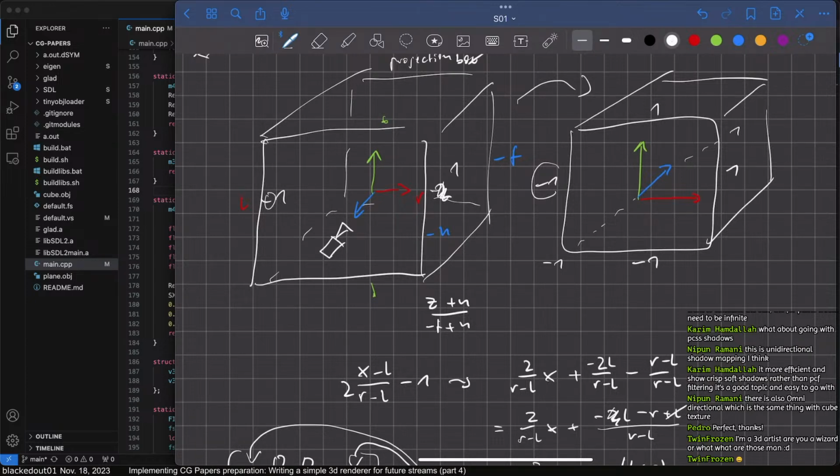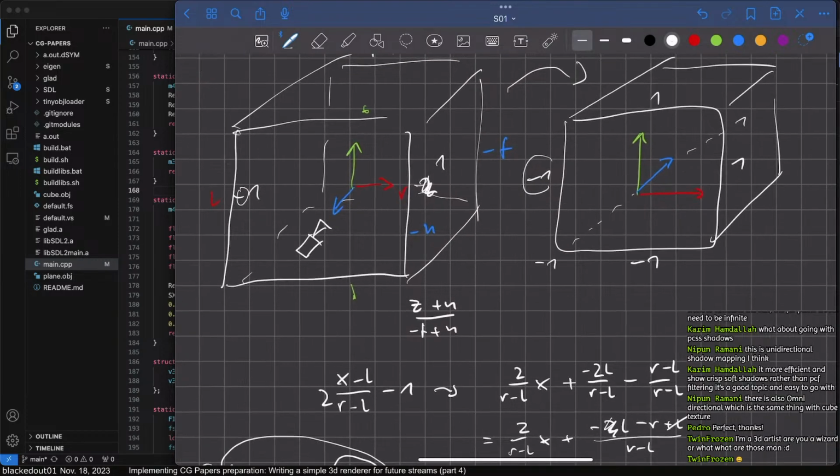Wait, let's see. I need to think about this for a second. See, this is why I told you that the Z is a bit more complicated, because there's always this swapped order.